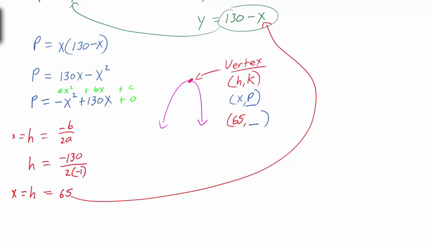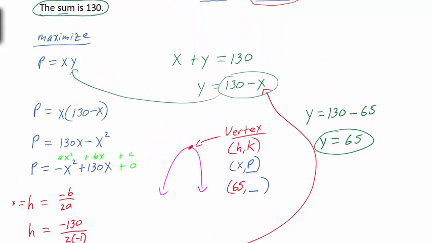value. So if we do that, we're going to end up with y equals 130 minus 65. So that means 130 minus 65 is equal to 65. So there is our other number. Because remember, up here, x and y were representing our two numbers.